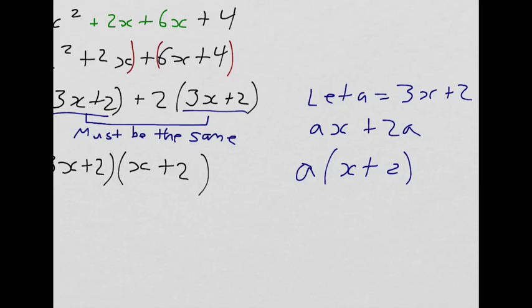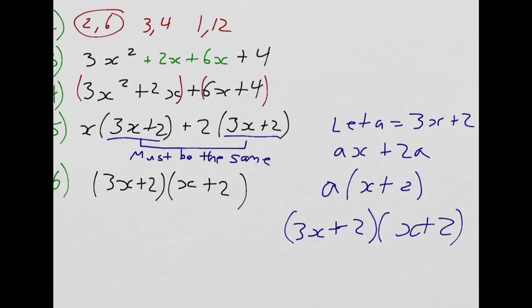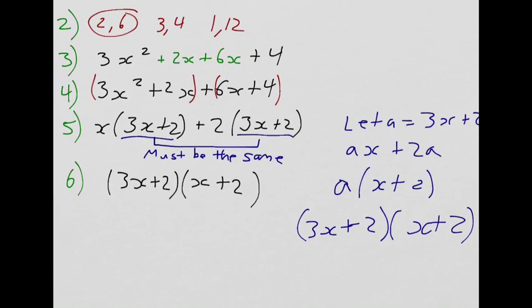Then I replace a back with what it substituted for, 3x plus 2. So that gives me 3x plus 2 times x plus 2. So all I've done is a shortcut, getting to the same place in both instances, but a little quicker. So once more, this is one of your factors, and the other factor is your coefficients, x plus 2.